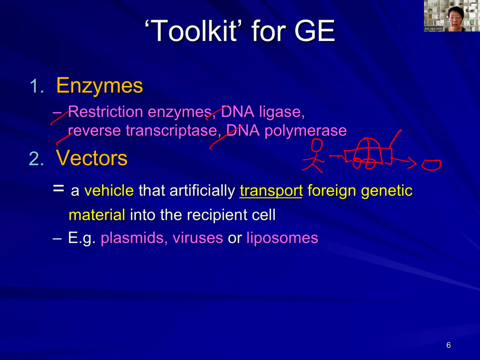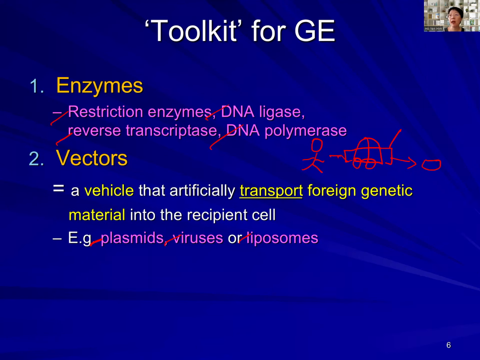The vector in genetic engineering can be a plasmid, a virus, or a liposome. You have also come across the word vector when you learned about infectious disease, because in general it means the vehicle. For malaria, the vector is the female Anopheles mosquito.